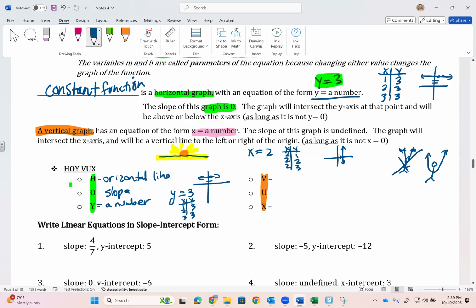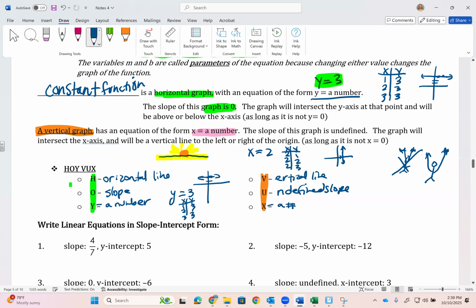So a vertical line is going to be vertical, like up and down, like a V for vertical. So a vertical line has an undefined slope, and it's x equals a number.